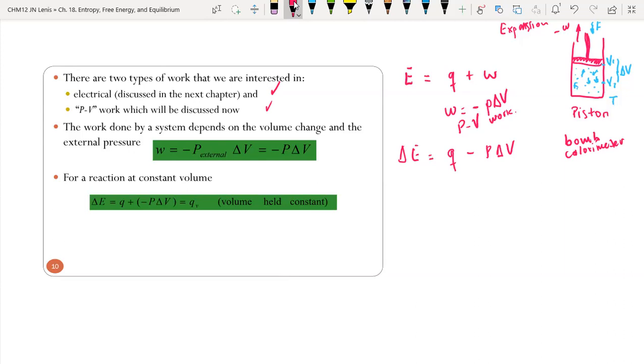For the bomb calorimeter, everything is fixed, all walls. So you have the gas here, and there is no way to produce expansion or compression. Your chemical reaction is happening here. All the heat is transferred to the water, what we have here in a bomb calorimeter. All the heat is absorbed by the water.